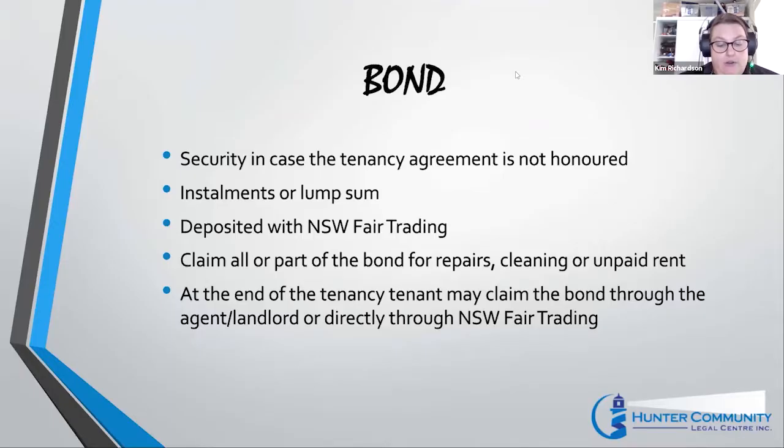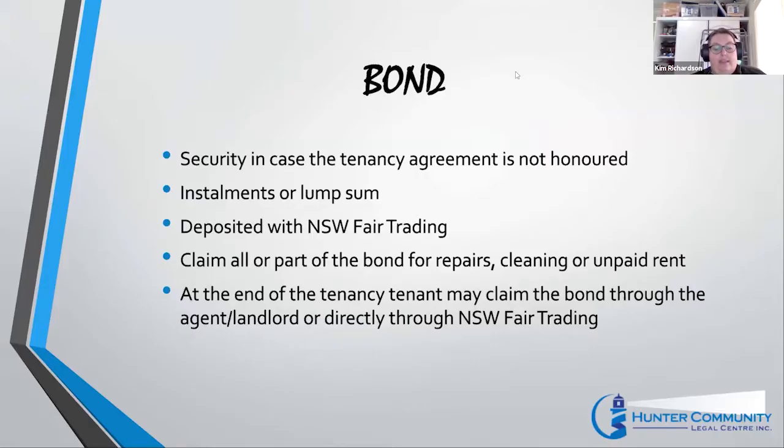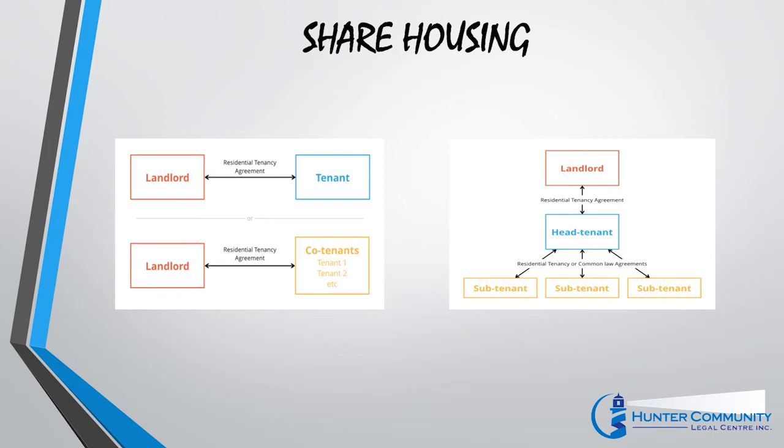Cleaning, so if you have not left any part of the premises reasonably clean. Replacing locks or other security devices if you have altered, removed, or added these without the landlord's consent. They can also make the claim if you owe rent or any other charges that may be payable under the tenancy agreement.